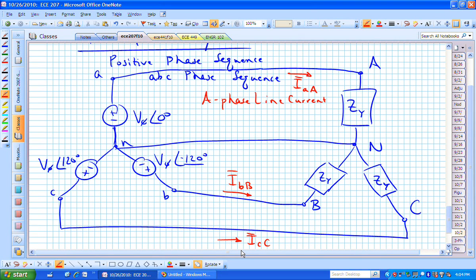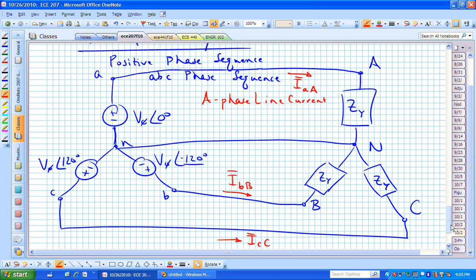So we have the B phase line current, we have the C phase line current. If we have a balanced set of loads, those are balanced because they're equal. The A phase has Z sub Y, the B phase has Z sub Y, C phase has exactly the same. We're assuming the loads are the same in all three phases. That's a given. This is now a balanced three-phase system.